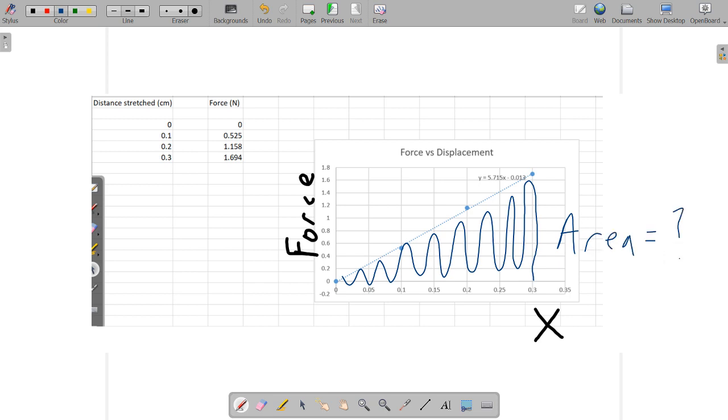Well, if you remember, to take the area of something, you do the opposite of slope. Whenever you take the slope, you divide rise over run. But in the case of area, you want to multiply. So you're going to multiply your y values by your x values, in this case force multiplied by displacement.